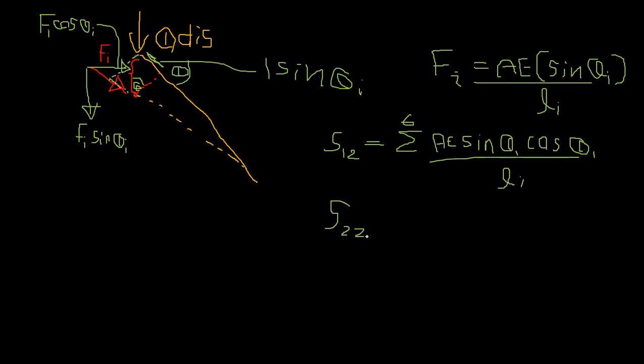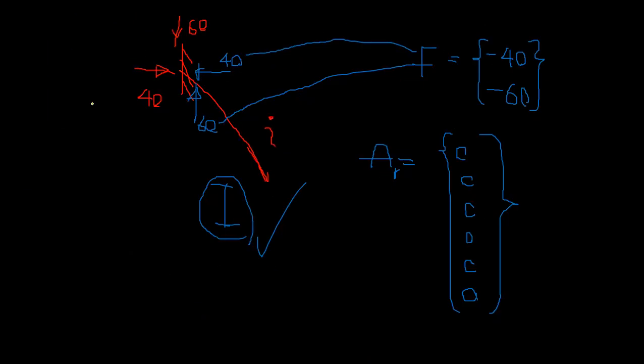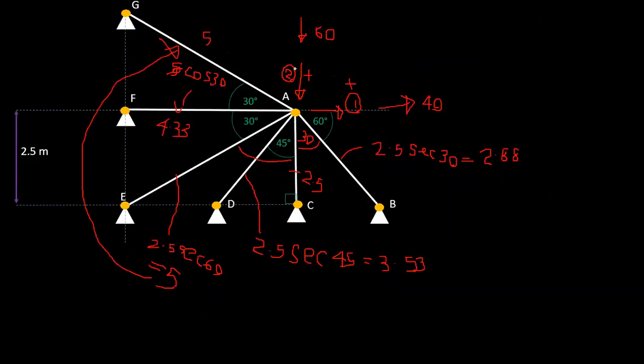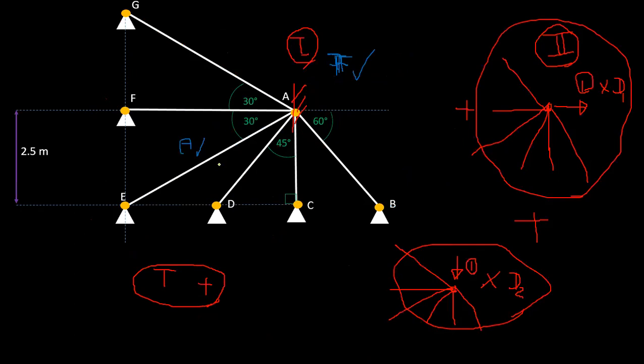S22 will be, so it is Fi. So these two are in the original direction that we took the displacement. It's upward and to the right. But for the members, we consider tension positive.